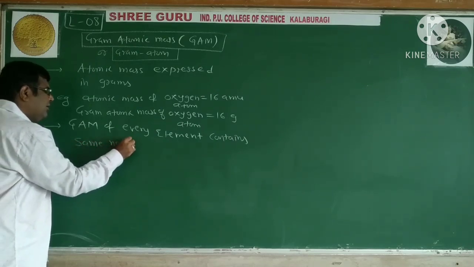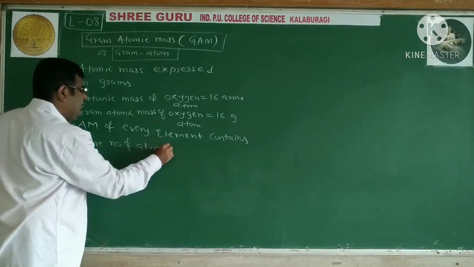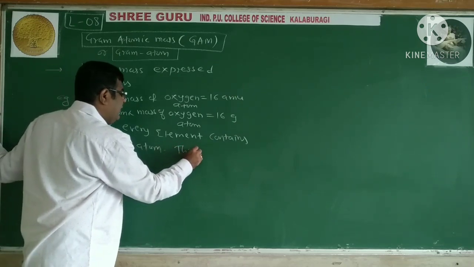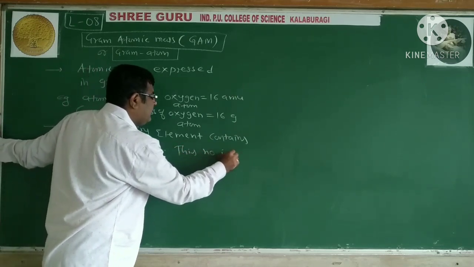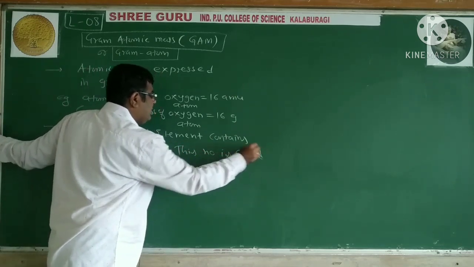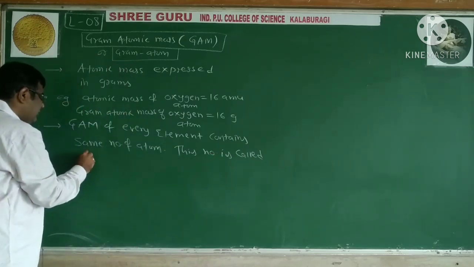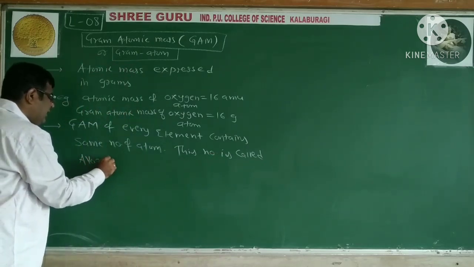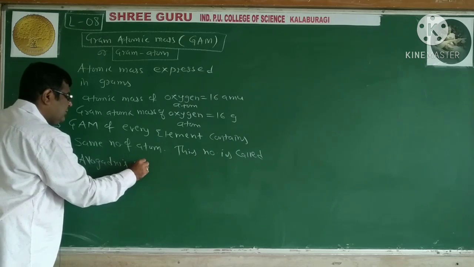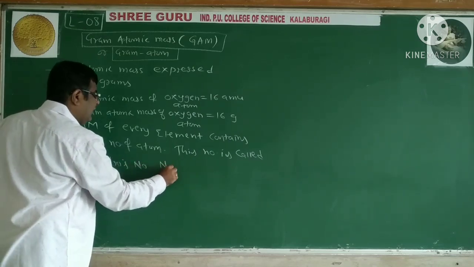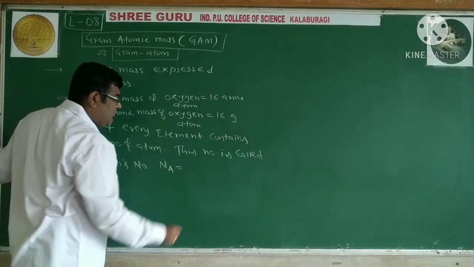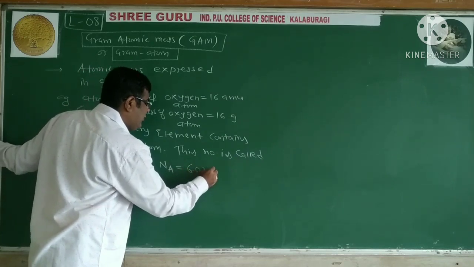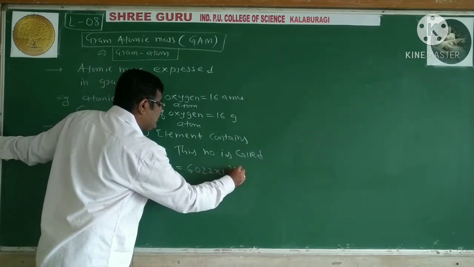This number is called Avogadro's number, and it is written as Na equals 6.022 into 10 raised to 23.